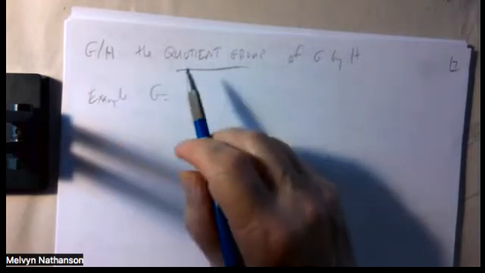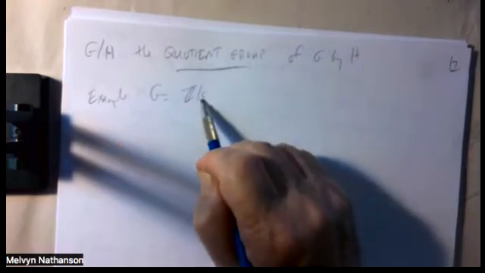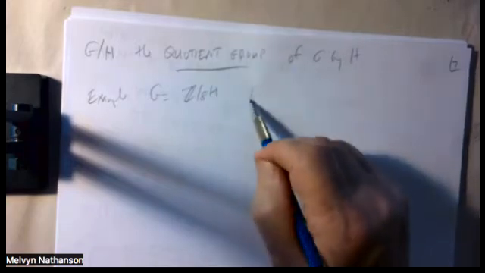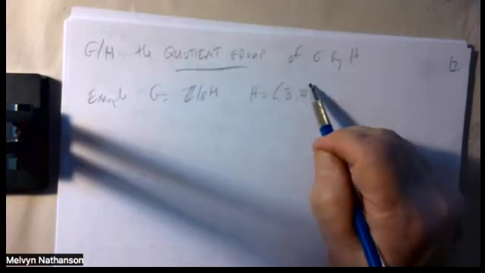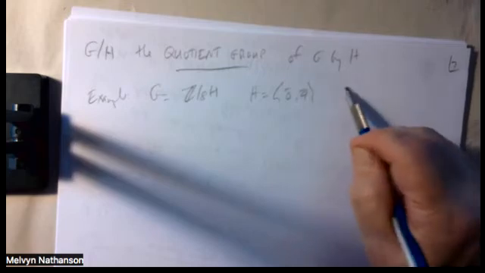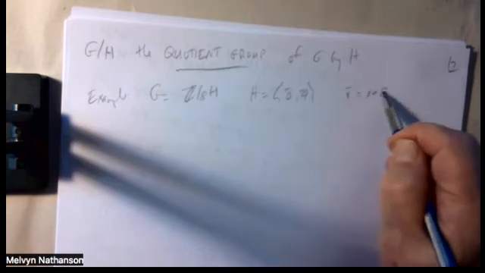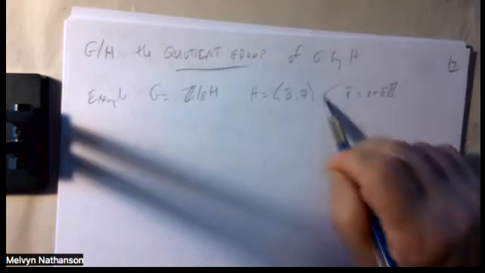So let's look at an example or several examples. A few minutes ago, I looked at the congruence classes mod 8, and let H be the subgroup consisting of the congruence classes of 0 and 4, where x bar means the congruence class x plus 8Z.